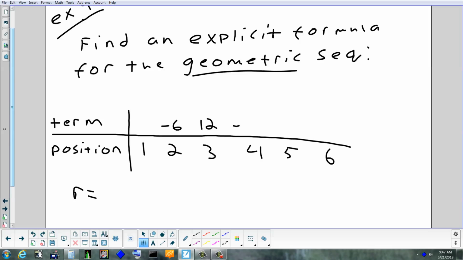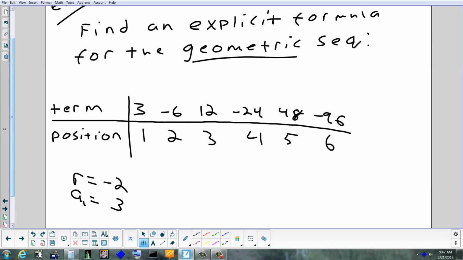So if you were to continue, but what's more important is we need to work back and get the first term. What's the first term going to be? Yep, 3. So now I've got the first term, and my common ratio is -2.